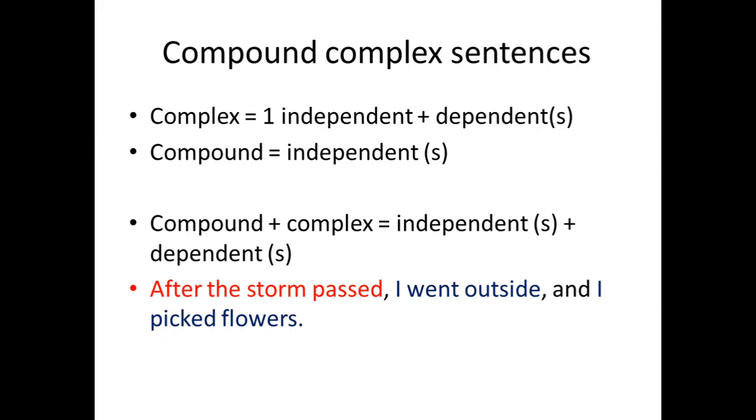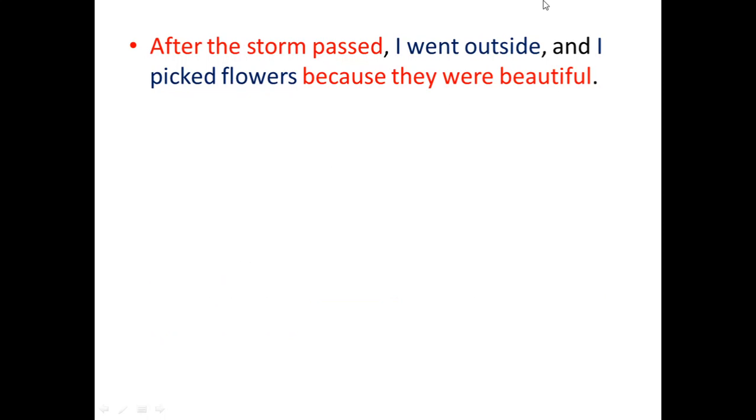Okay? So, the last sentence. We added some additional information. After the storm passed, I went outside and I picked flowers because they were beautiful, right? So again, this is your dependent clause, as we said, your first independent and your second independent.